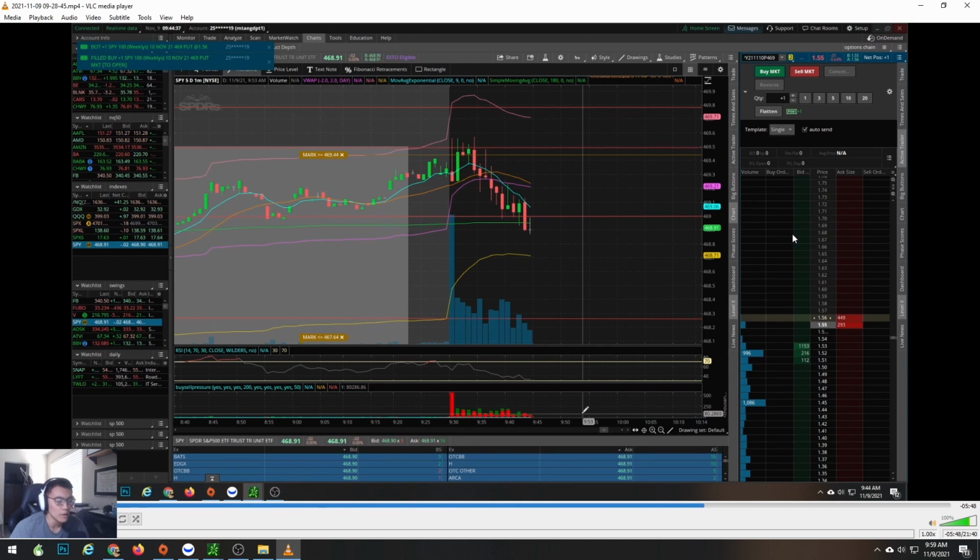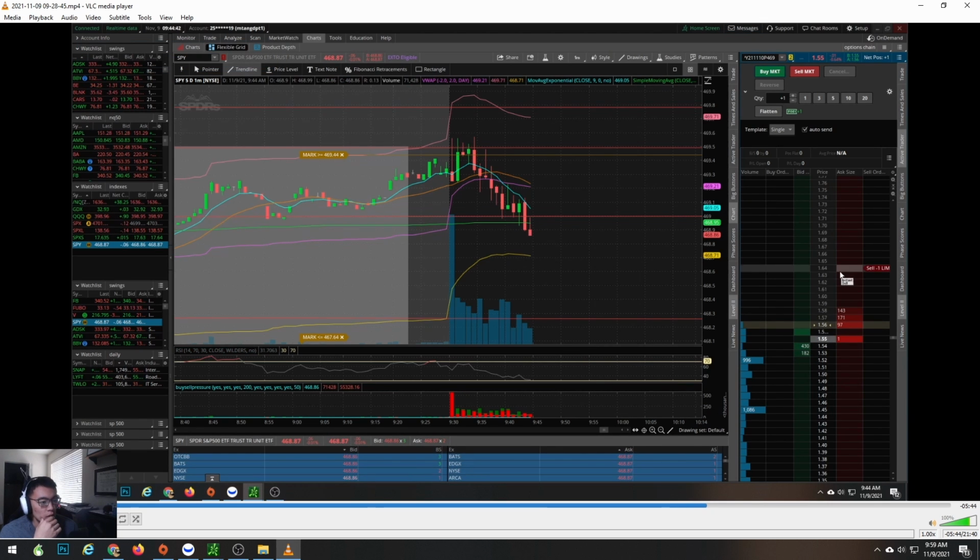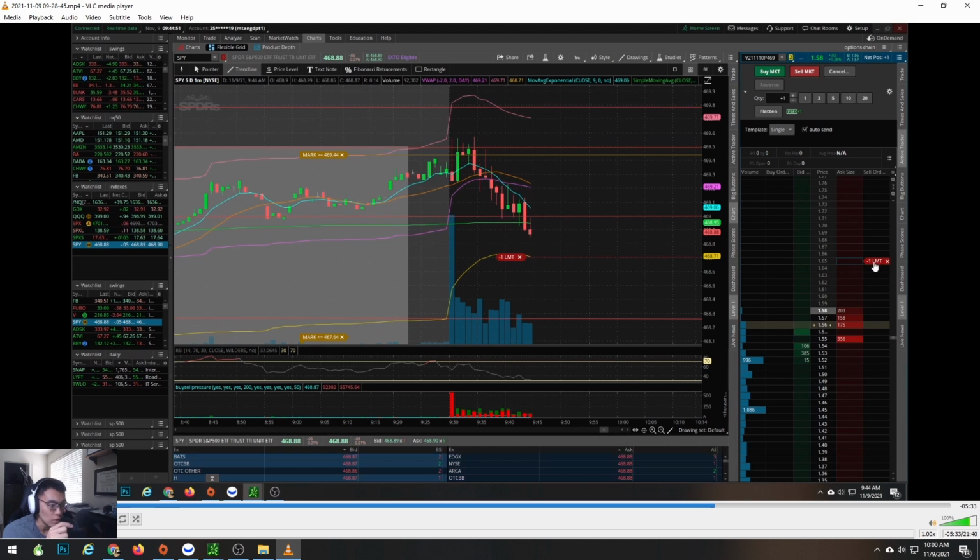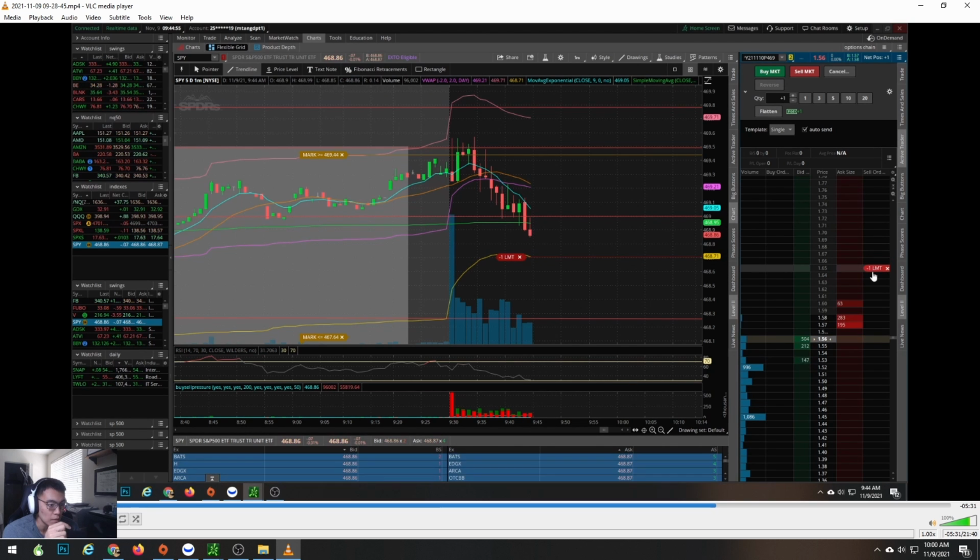Also, for some reason, my TOS was lagging really hard, as you can see. I'm going to see if I can figure out what's going on there. But I recently found out, at least on TOS, that I can set limit orders like you see right now. I'm pulling it into different places, but it's being annoying because my platform is lagging a little bit.